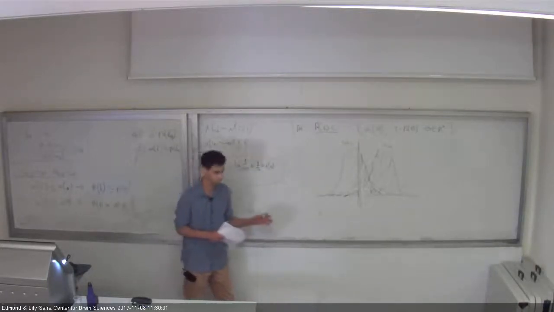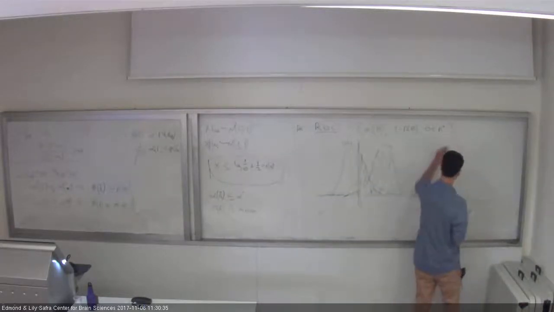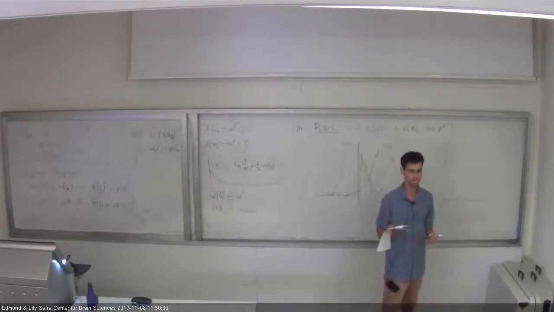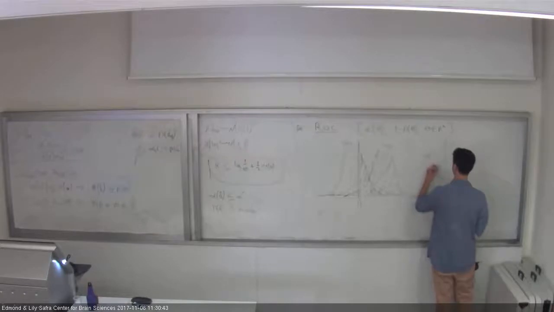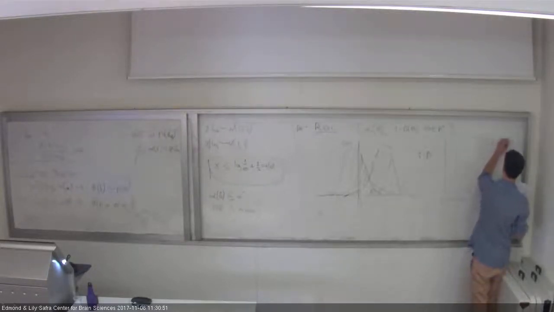Okay, so now we have two distributions, and now let's see the ROC curve. This is 1 minus beta, and this is alpha.